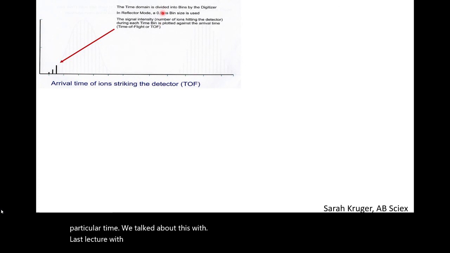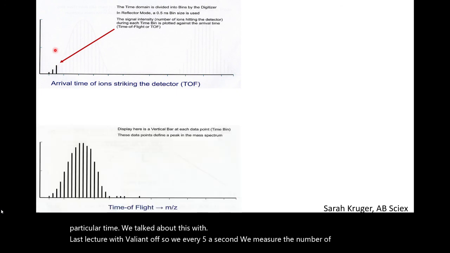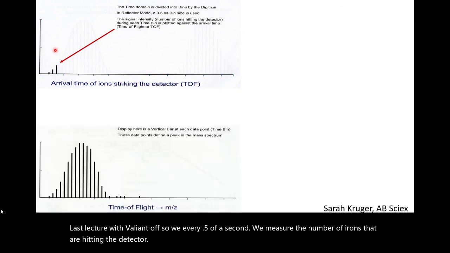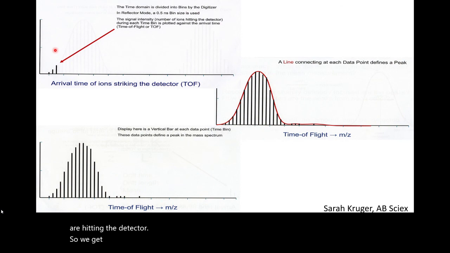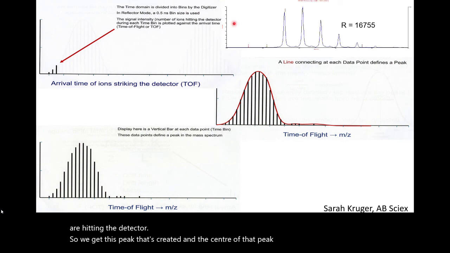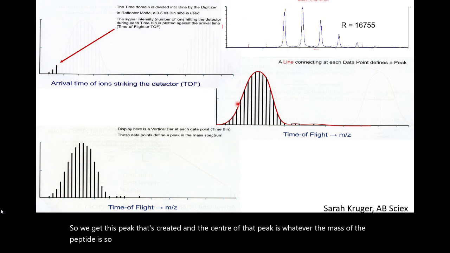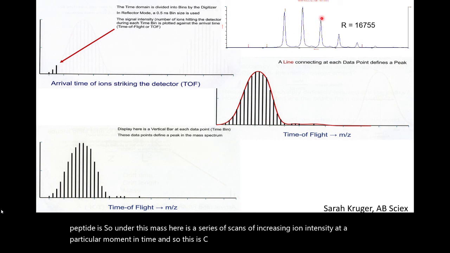So every 0.5 of a second, we measure the number of ions that are hitting the detector. So we get this peak that's created, and the center of that peak is whatever the mass of the peptide is. Under this mass here is a series of scans of increasing ion intensity at a particular moment in time. And so this is C12, this is C13, two C13s, three C13s.